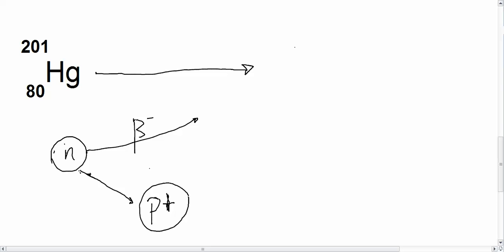And it goes up because I created a new proton. So I started with the element mercury and atomic number 80, but the element I produce is going to have the atomic number 81.